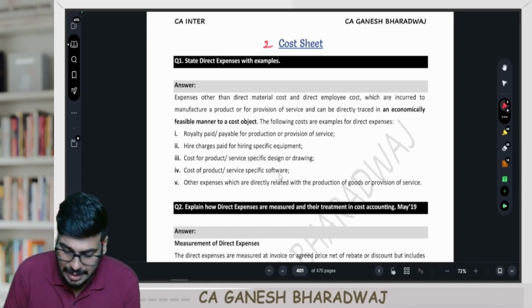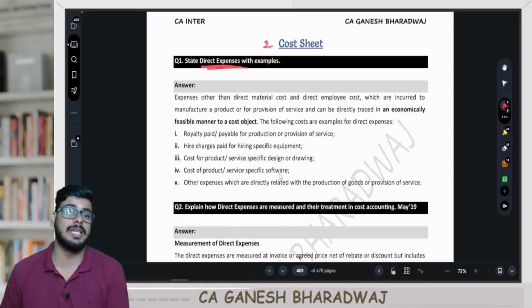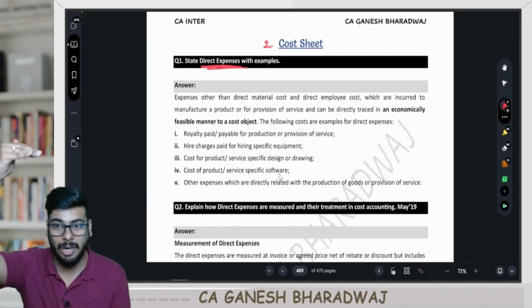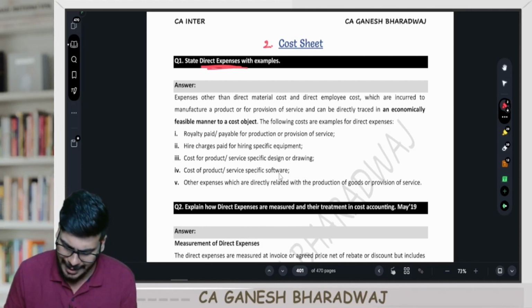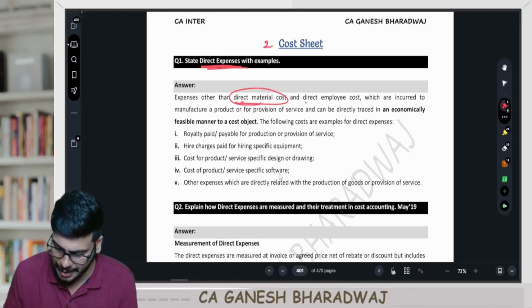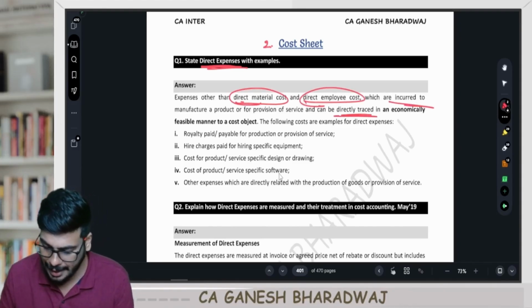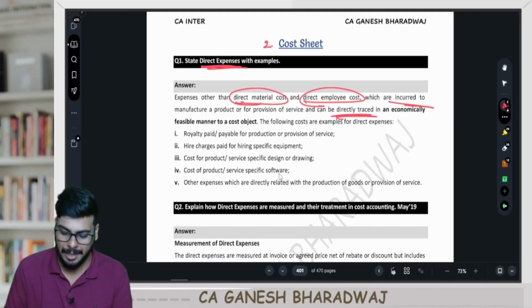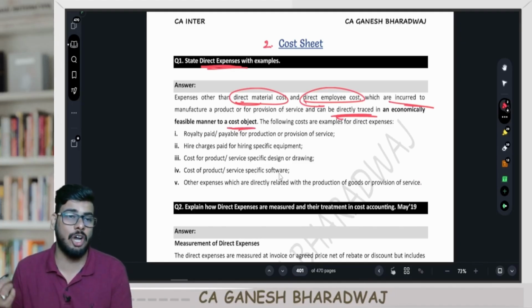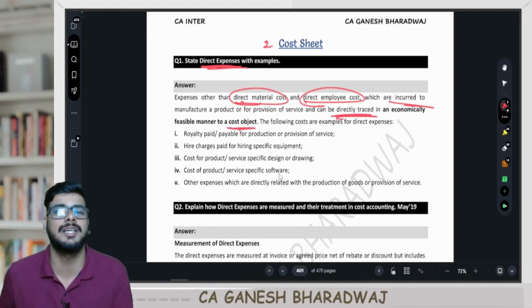Look at this. State direct expenses with examples. So we saw that, right? Direct expenses means expenses other than direct material and direct labor, which are incurred to manufacture a product or for provision of service and can be directly traced in an economically feasible manner to a cost object, correct? The cost object can be a unit or a job, correct, guys? Yes.